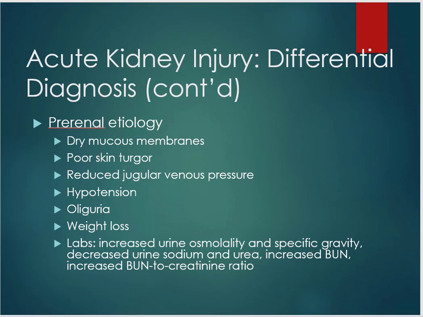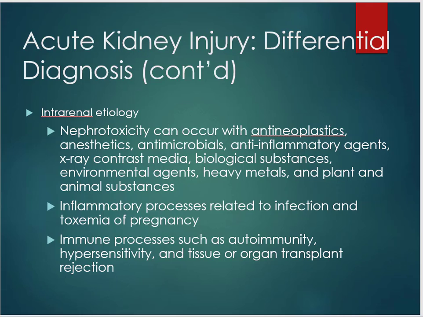In the intrarenal etiology, this can occur due to antineoplastic agents, anesthetics, antimicrobials, a variety of different medicines. We know that the inflammatory process related to infection and toxemia of pregnancy can lead to intrarenal etiology, and then immune processes such as those with autoimmunity issues, hypersensitivity issues, or those that have had a tissue or organ transplant rejection medications can lead to an intrarenal etiology.